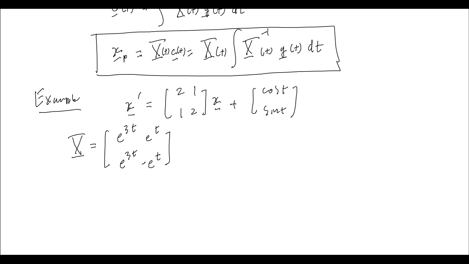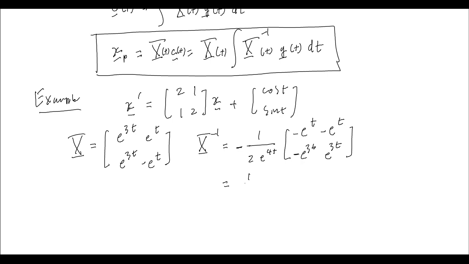We need to invert this. So this becomes minus 1 over AD minus BC, which is minus 2 e to the 4t, times the matrix with minus e to the t, e to the 3t, minus e to the t, minus e to the 3t. If you multiply this out, you will get 1/2 times e to the minus 3t, e to the minus 3t, e to the minus t, and e to the minus t.